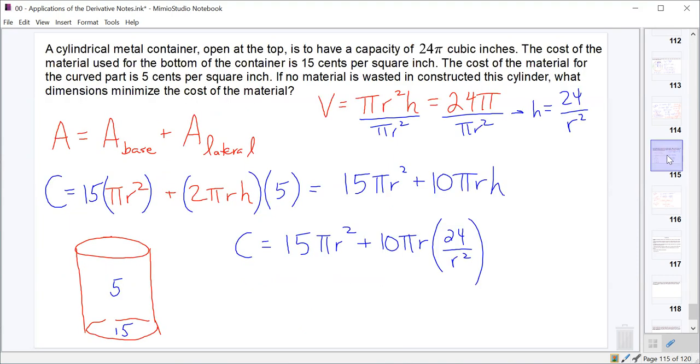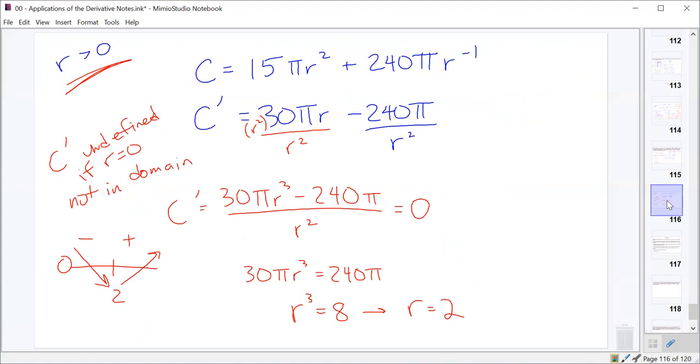And we'll look and see what the question was asking. It says what dimensions minimize the cost. And so our radius is going to be 2 inches. And we'll also note that the height was 24 over r squared.